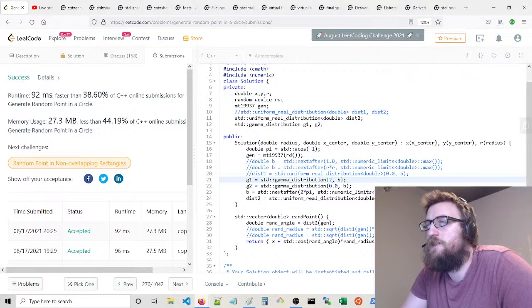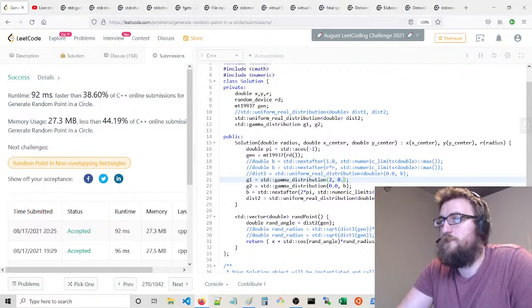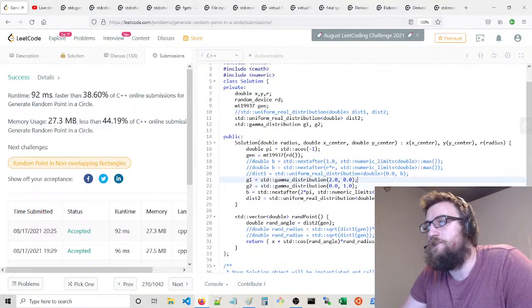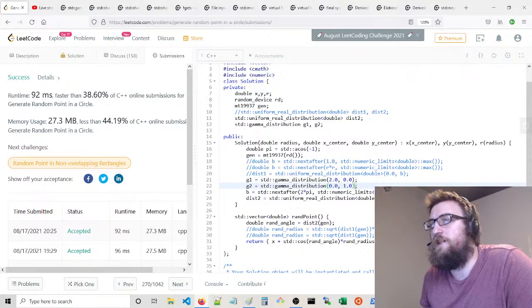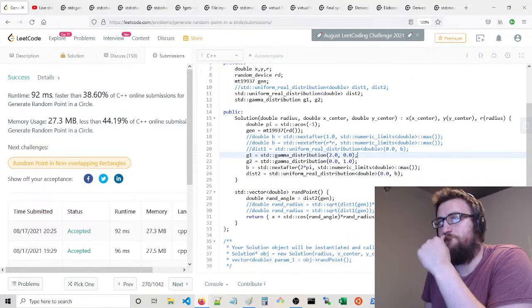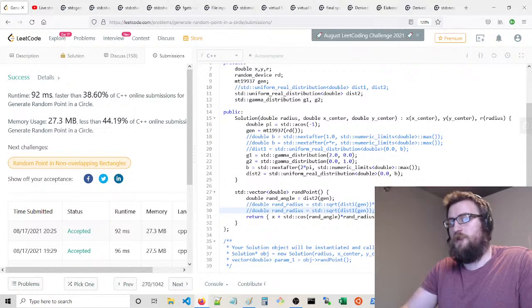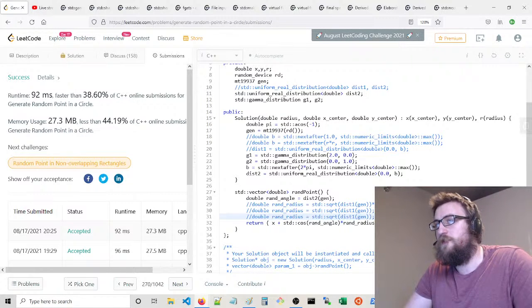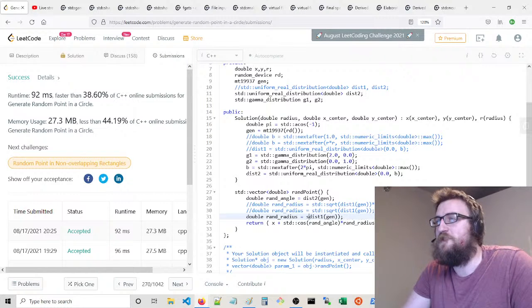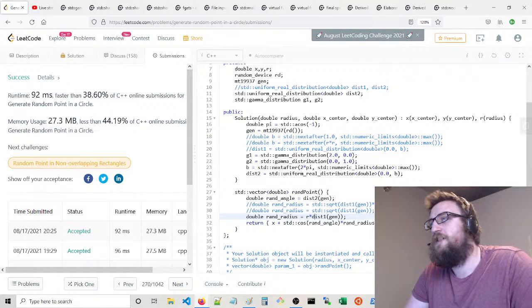Okay, so it's actually 2, 0, and 0, 1 are G1 and G2, if you can imagine that. And then, yeah, you're actually going to take the random radius is no longer a square root. It's just multiplied by r.